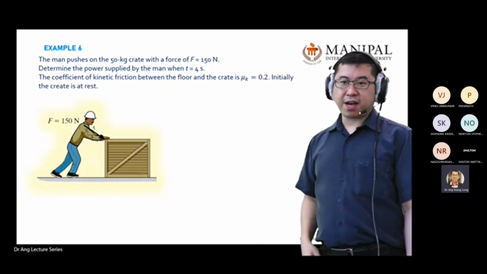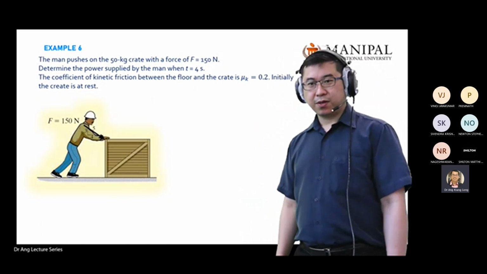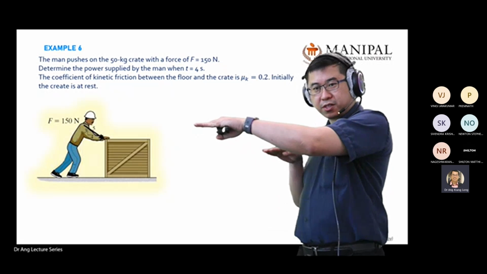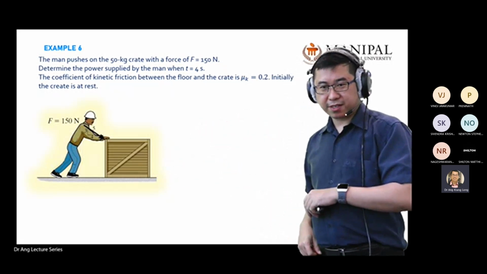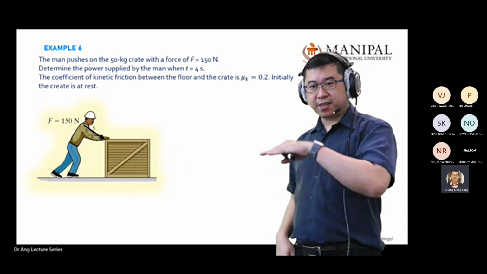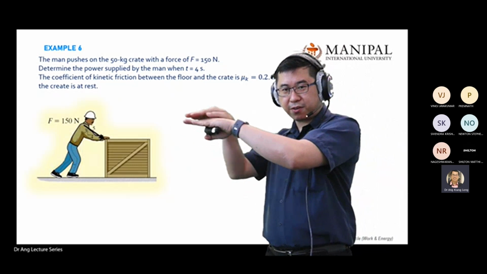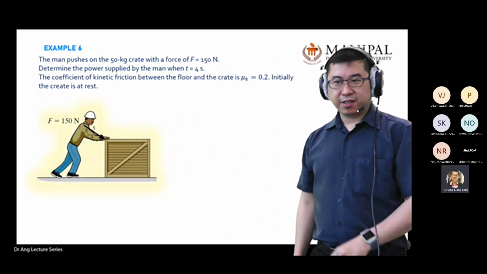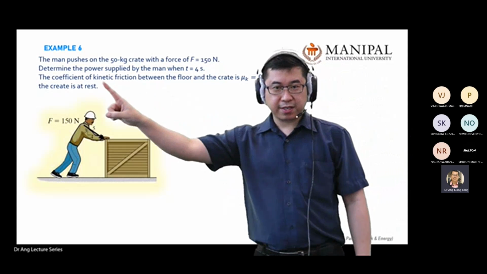Recall back 5 minutes ago when we learned about power: force times displacement, you get work. What about power? Power is force and the velocity of the object. Force times velocity, you get power.